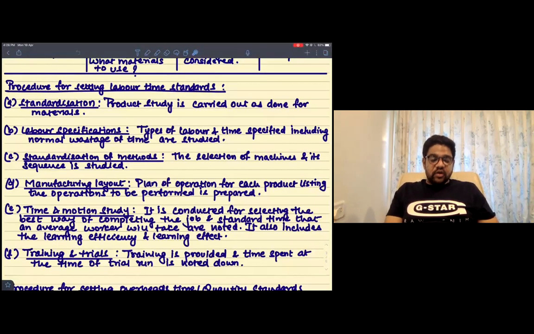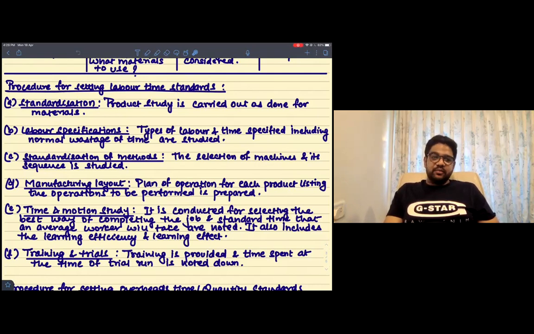Continuing again, so we were discussing the procedure of the labor time standard. So how do you set that? You will first create a standardization, the same thing that is done for material. Then you will put down the labor specifications and the methods, the machines that you'll be using to complete that product, and then the manufacturing layout as to where each machine will fit and how it will be working.